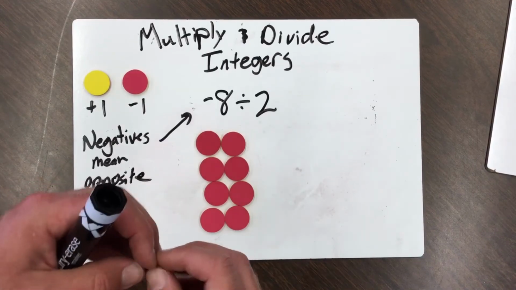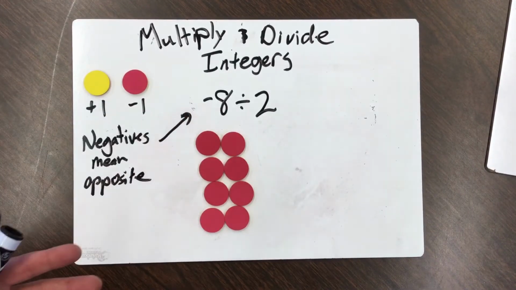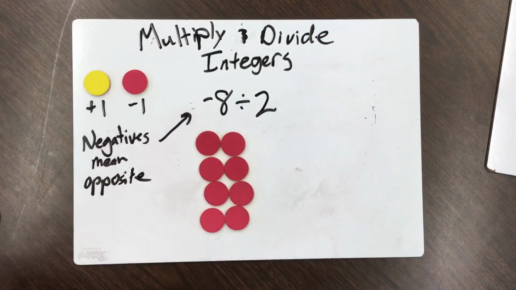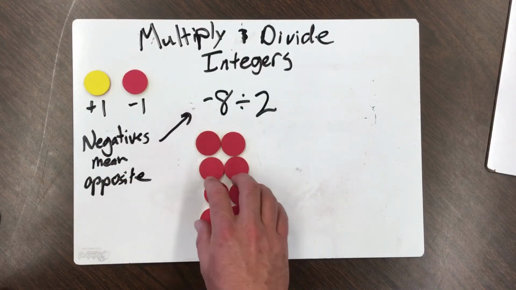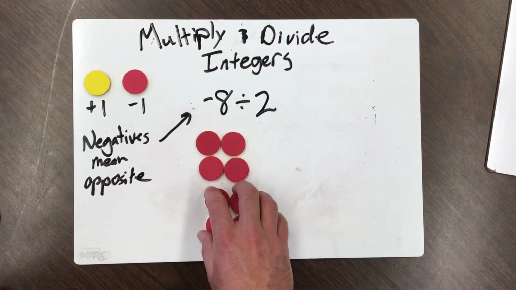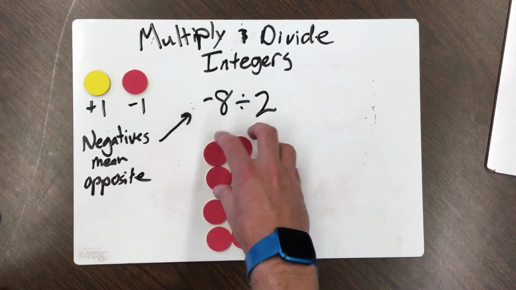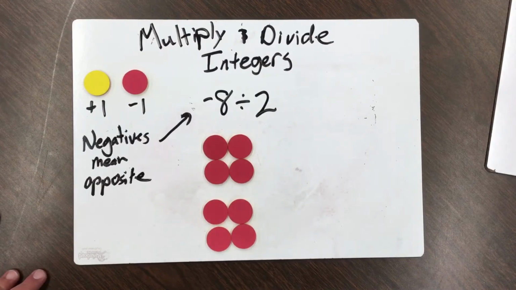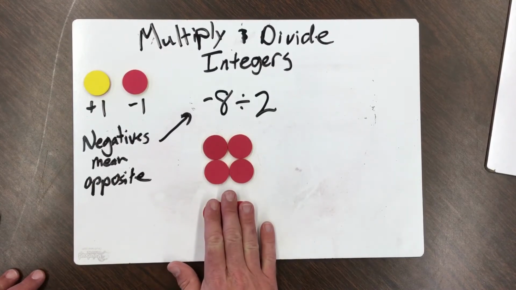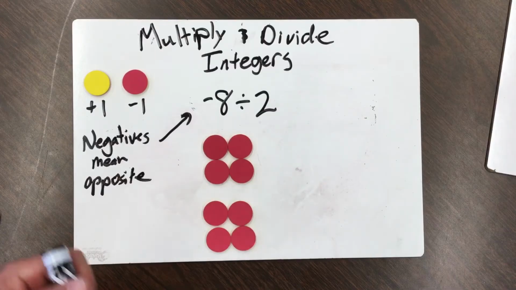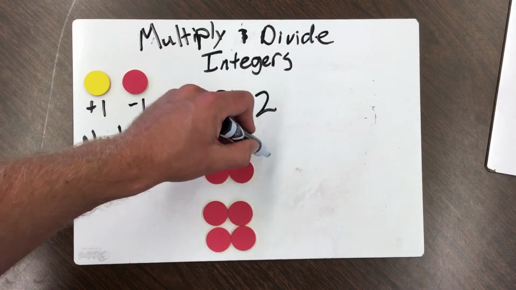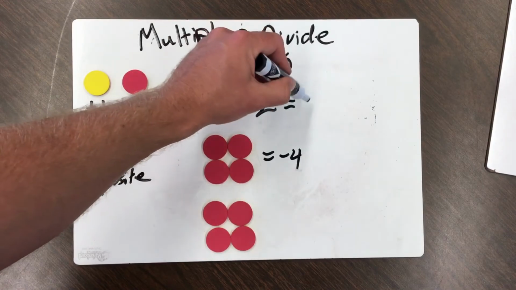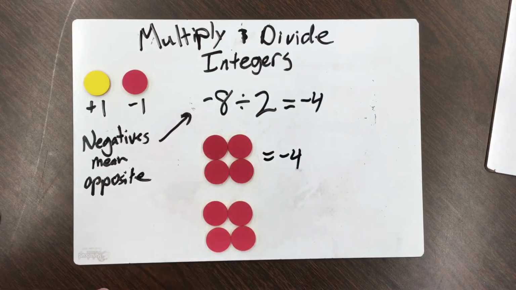Division means that we're going to break things into groups. We don't have multiple groups, but we're going to take this and cut it into 2 pieces. So when I split this up into 2, I have to ask myself, after I put it into 2 different groupings, how much do I have in one of them? And when I do that, that gives me a group of negative 4. So this equals negative 4.